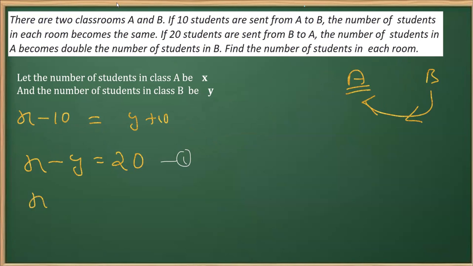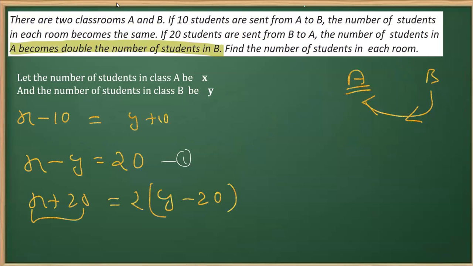That means the number of students in class A will now be x plus 20. Since 20 students have been transferred, the number of students in class B, which was originally y, will now become y minus 20. Later it says that in that case, A will have twice the number of students of B. That means after shifting, the number of students in A is twice the number of students in section B.